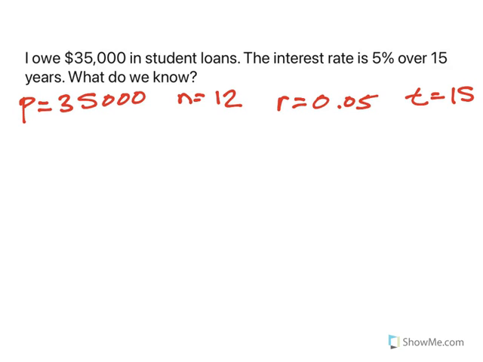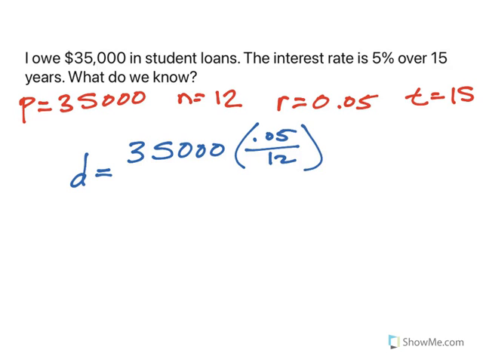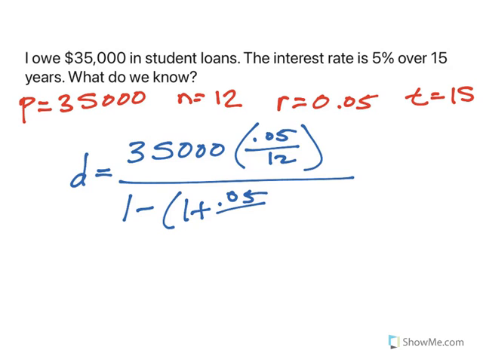So first things first, let's plug in what we know. My monthly payment is 35,000 times my rate over 12, all over 1 minus 1 plus the rate over 12 raised to the negative 12 times 15. Now, if you do have a calculator where you can plug all of this in at one time, this is what it would look like.